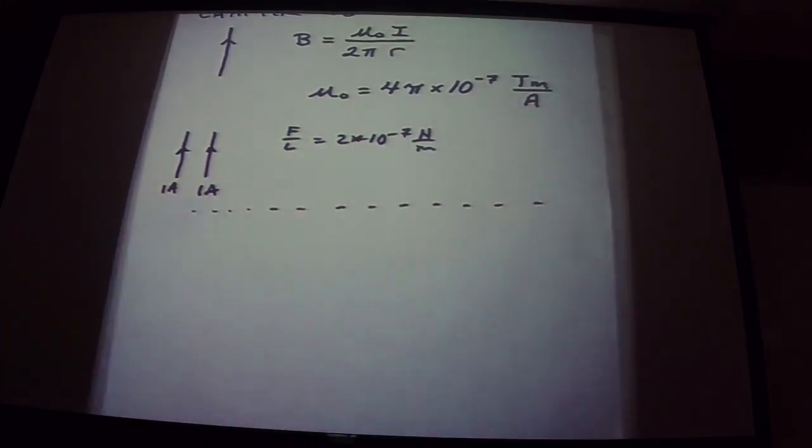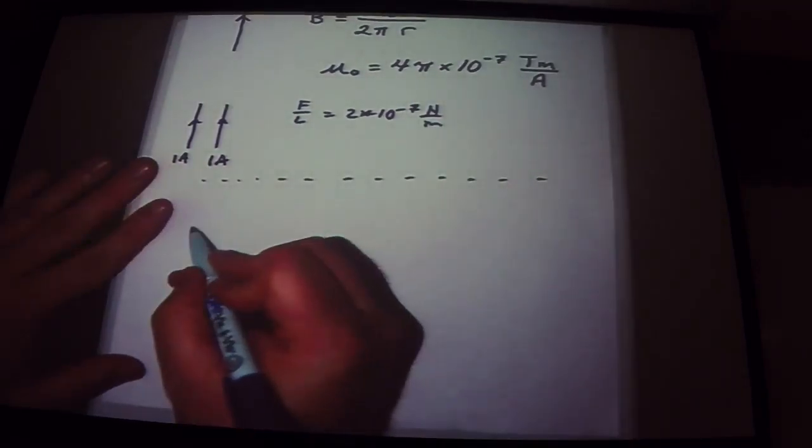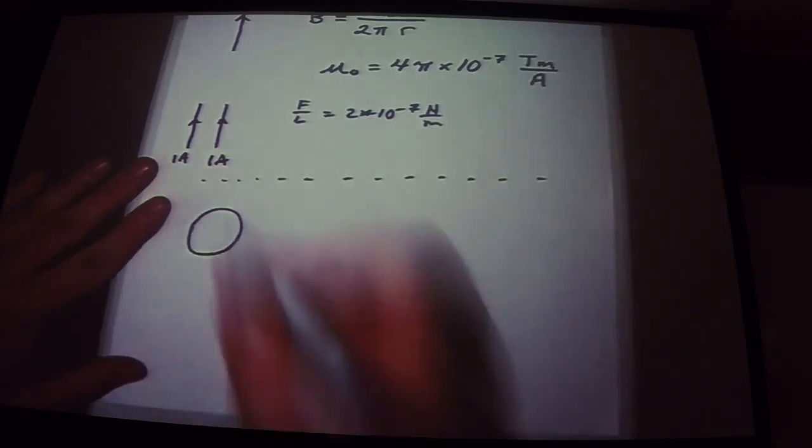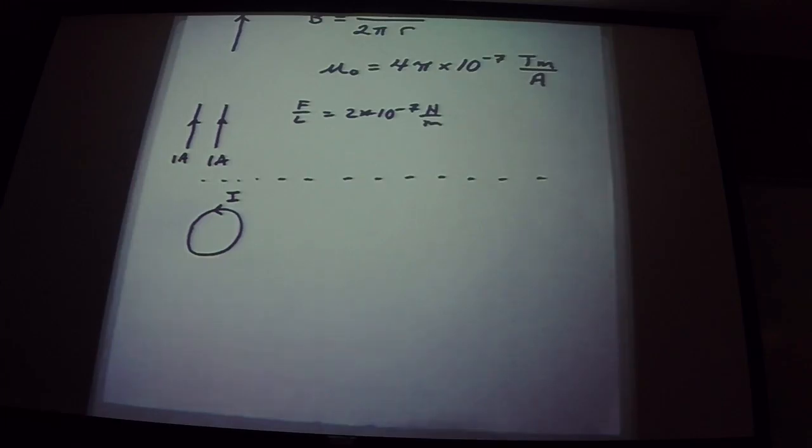we can also talk about the magnetic field created by a circular loop and what that looks like. So let's say that we have a circular loop of current carrying current I with a radius r.